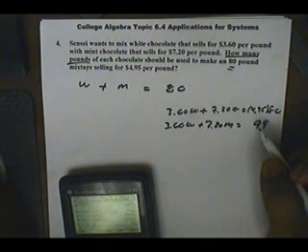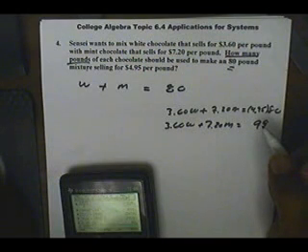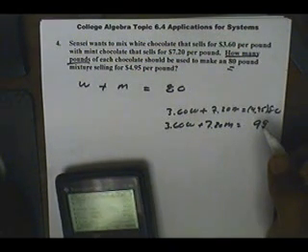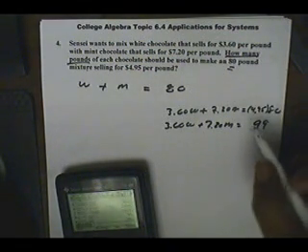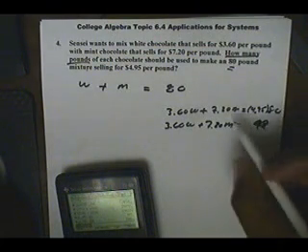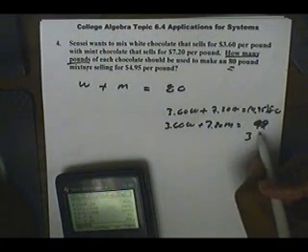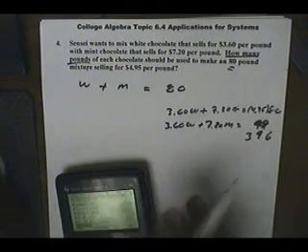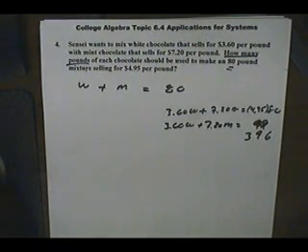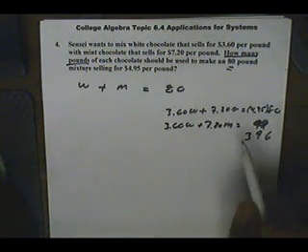So 4.95 times 20. No, times 80. That was the problem. Times 80. Okay, much more money than that. It's going to cost us $396.